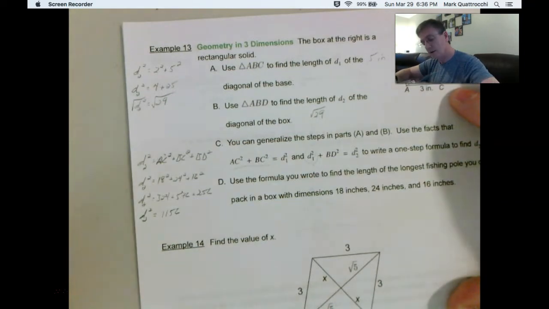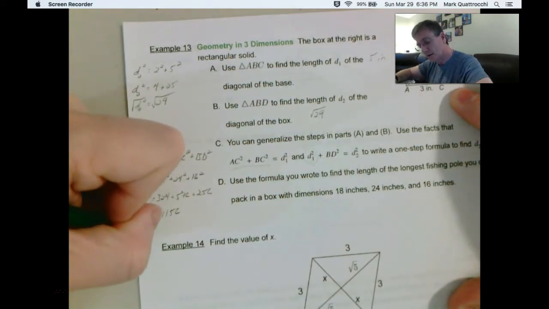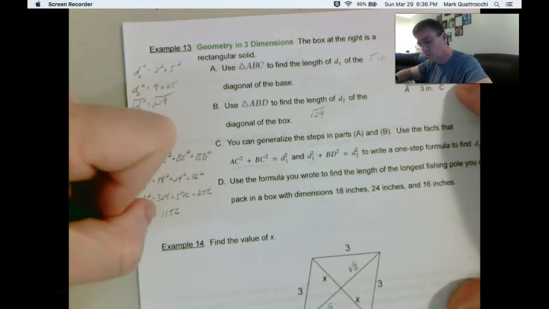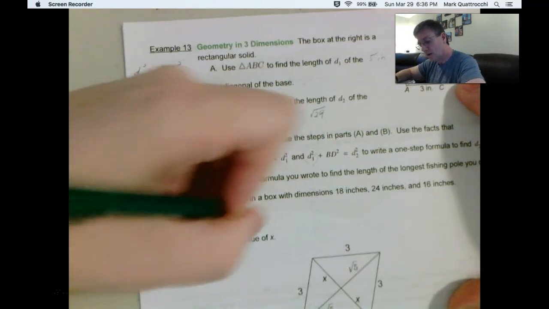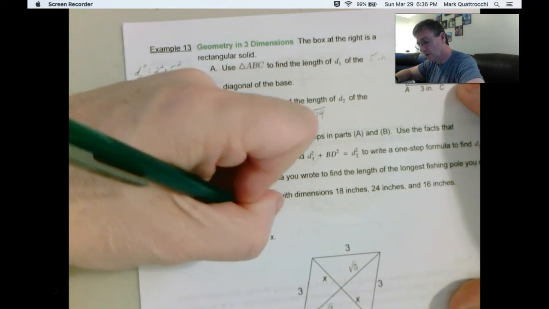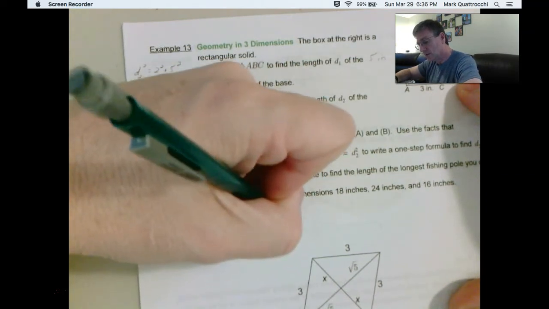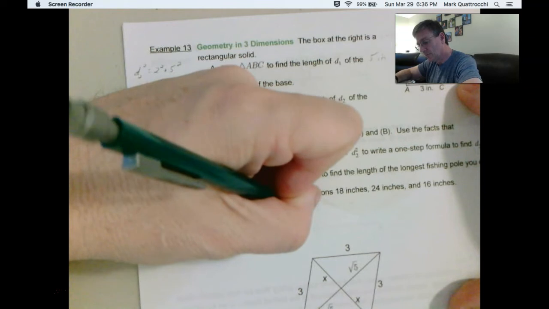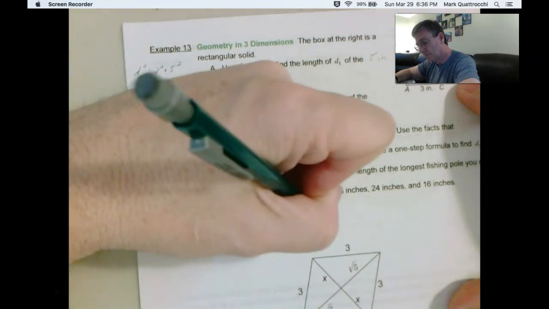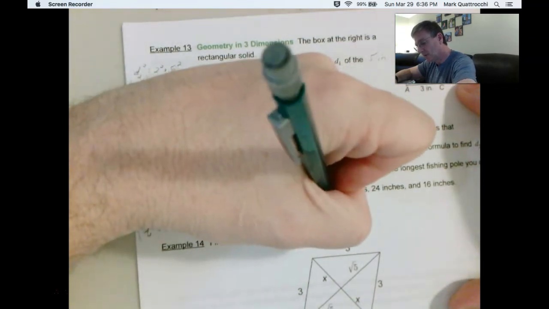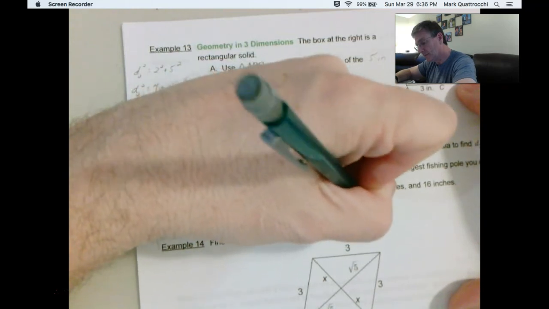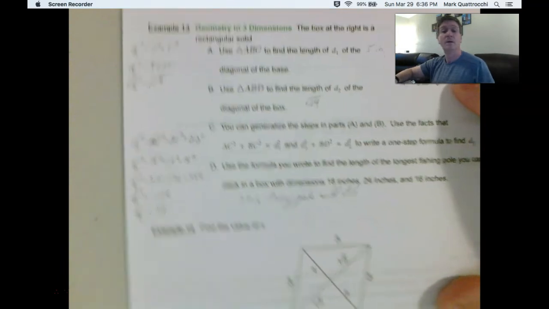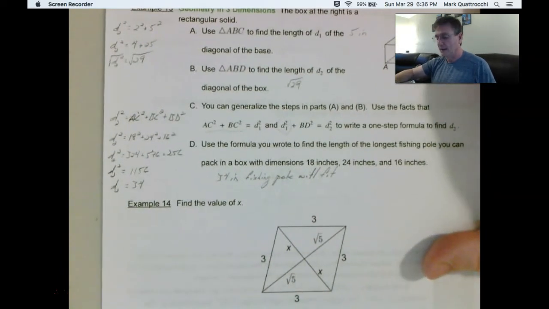Square root that number, and we've seen this number before. The fishing pole D2 is equal to 34, or a 34-inch fishing pole will fit. That's the largest we can get in there.